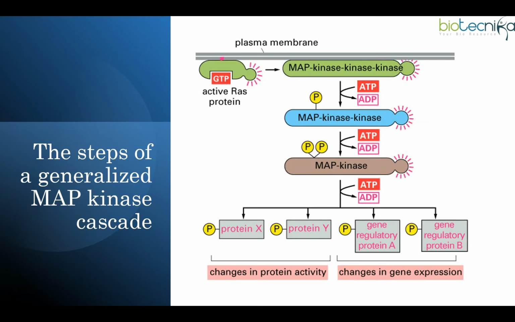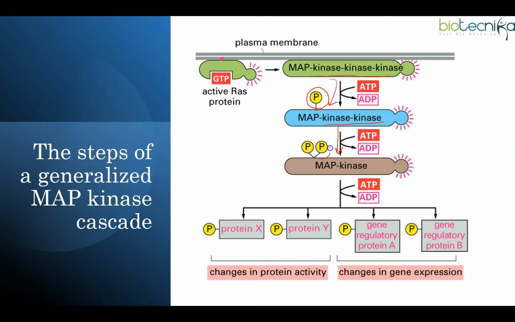Okay, so the steps involved in a generalized MAP kinase pathway: the activated Ras protein is going to activate MAP kinase kinase kinase. The reason 3 kinases are given is because there will be 3 steps of phosphorylation. As you can see, in the first step a phosphate group is attached.